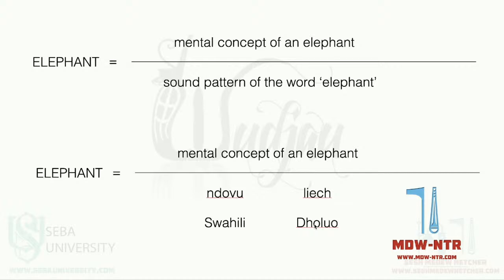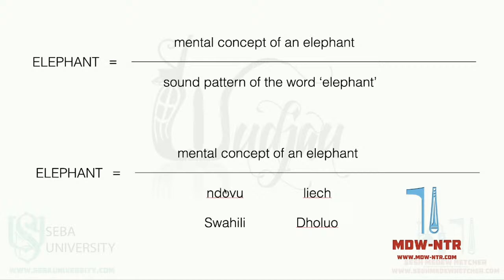A language is a collection of signs. Any particular language is really a collection of signs, and I just explained what signs are. Signs are a combination of a form and a meaning that's glued together. And it's because of this phenomenon that we have such a thing called translation.